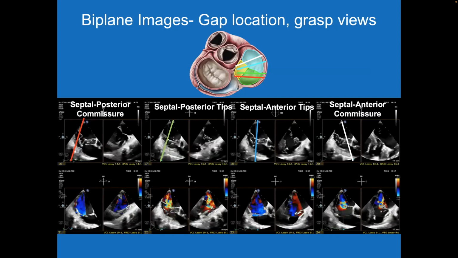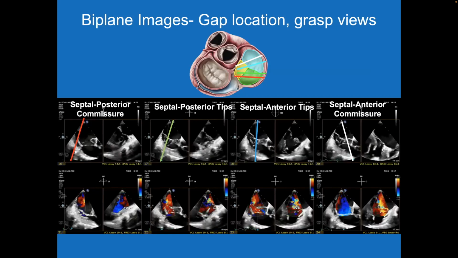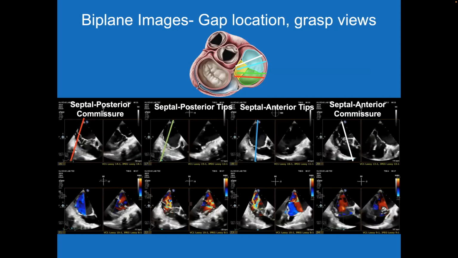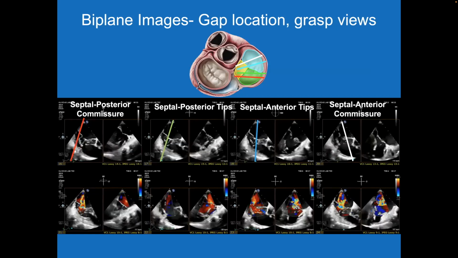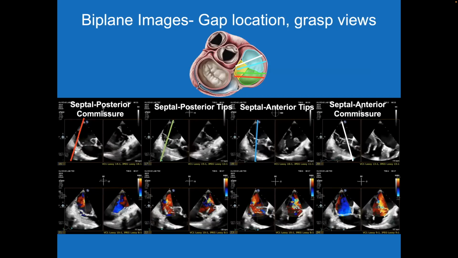So the red line there is the septal posterior commissure. As I come to the right to the septal leaflet tip, I'm seeing septal posterior at the tips. As I come over to the septal anterior leaflet tip, I'm seeing that on the right, the septal anterior, and you can see the gap and know where it is better.